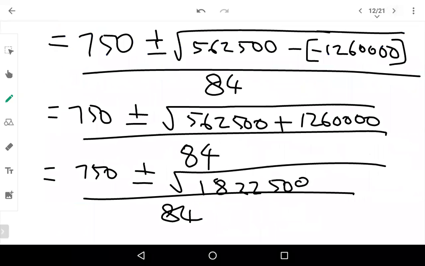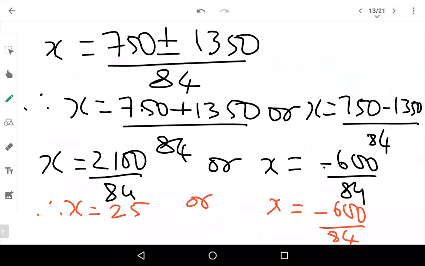Now we found the value of x to be positive as well as negative. The cricket balls cannot be negative in number. I cannot say Vaishak bought minus 600 by 84 balls, right? So that is not possible.